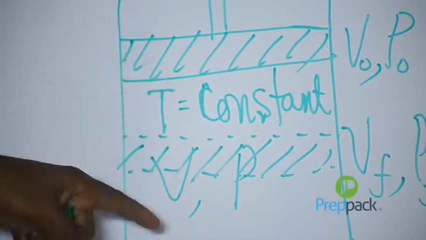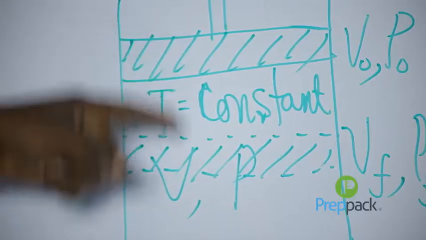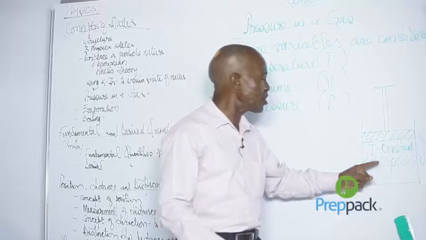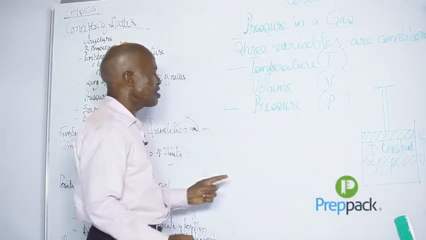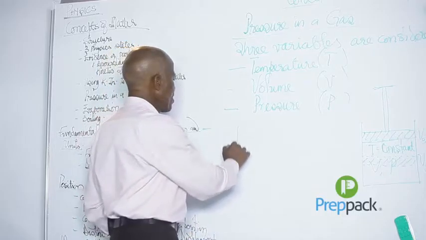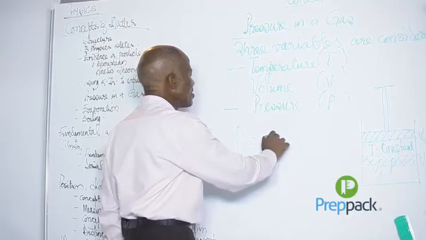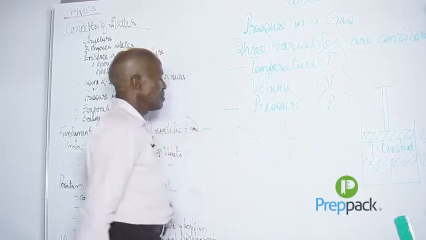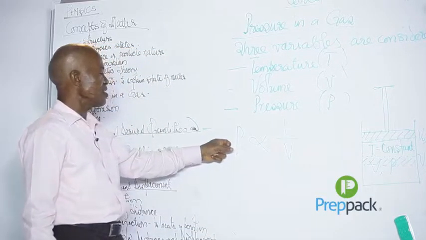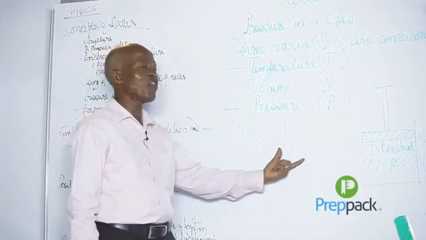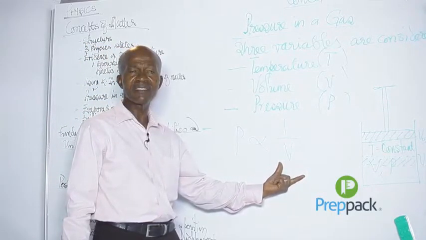So this is an inverse variation case, and we can put up a very powerful equation as this. P varies inversely as the volume. As the pressure increases, the volume decreases.